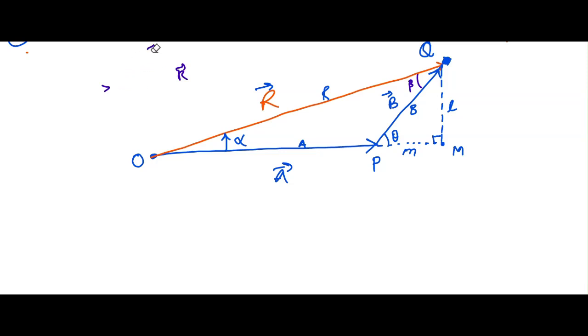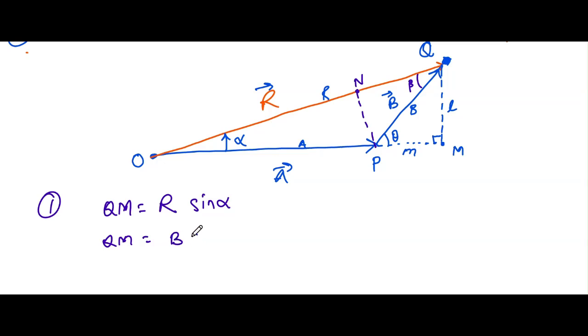Now we can do one more thing here, and then we can get the sine relation. We can draw a perpendicular from point P to vector r, and let's say the point here is N. Now we have relations. First, in triangle OQM, we have QM equals R sine alpha. And in triangle PQM, we have QM equals B sine theta.